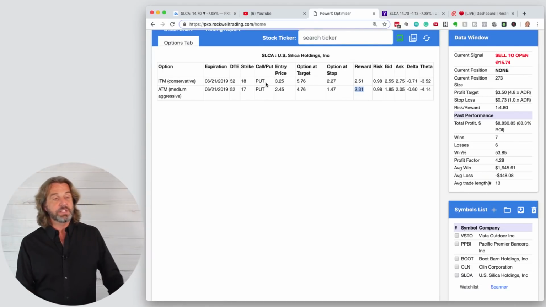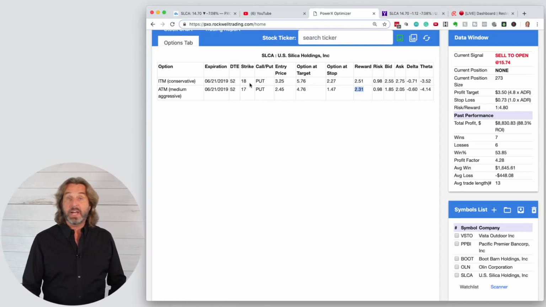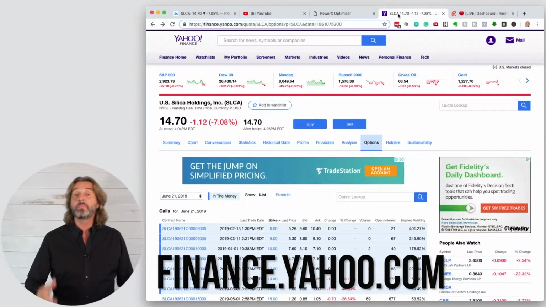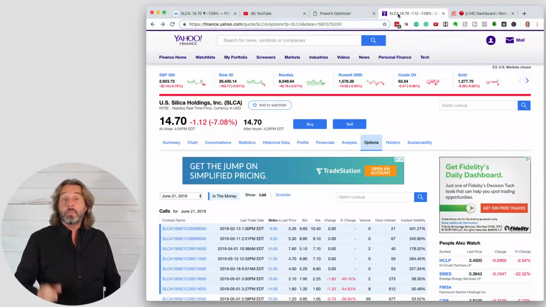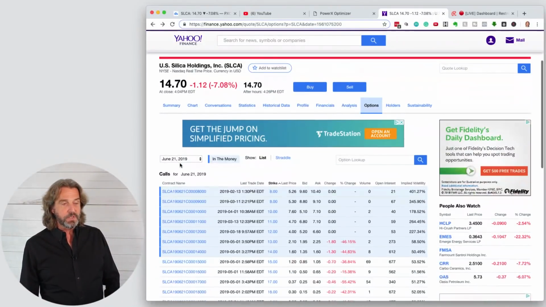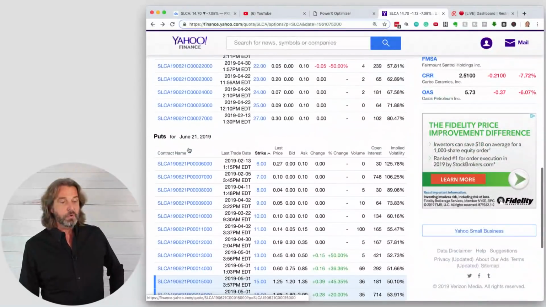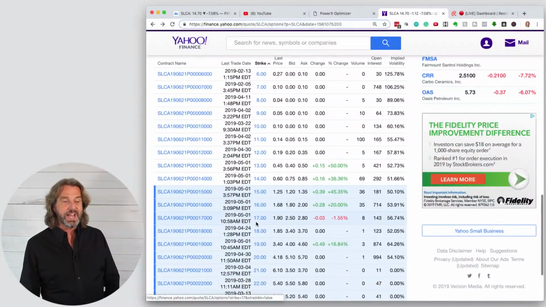So let's take a look at this. This is the 18 strike, and as I said, today I did enter the stock, I sold the stock. Let's go to finance.yahoo.com and see how much the option was worth this morning and how much it is worth right now. So how much you could have made if you picked the June 21, and we want to look for the put, and we want to look for the 18 put.